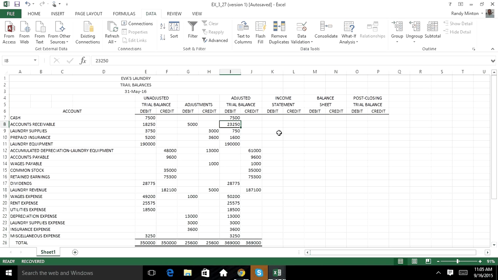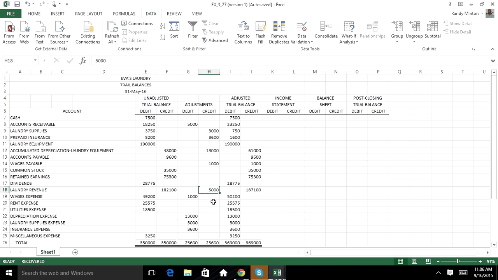That means accounts receivable went up by $5,000, and most likely the way that it went up was to have a $5,000 entry down here in laundry revenue, because accounts receivable typically is a reflection of the sale of goods on account. Sale of goods or services. In this case, it would be services.